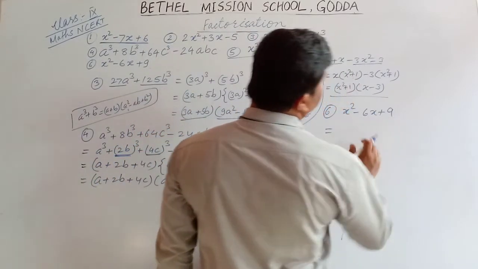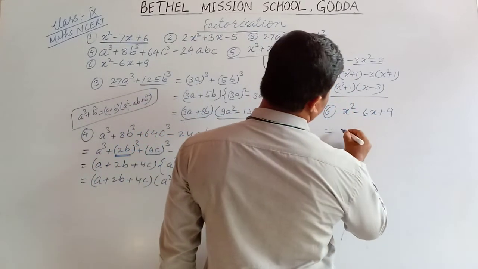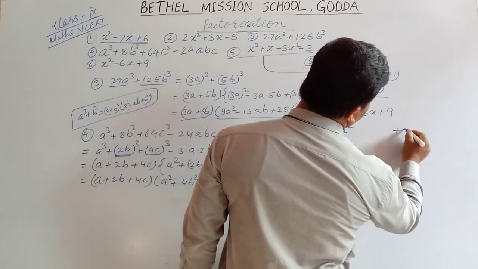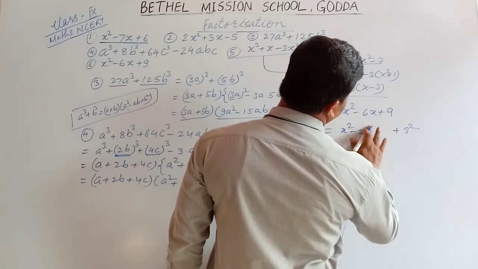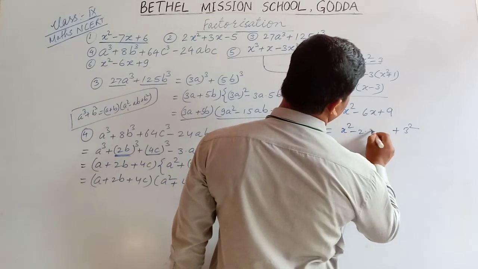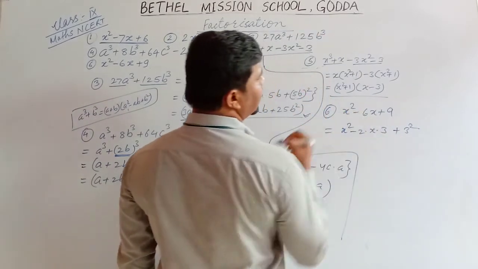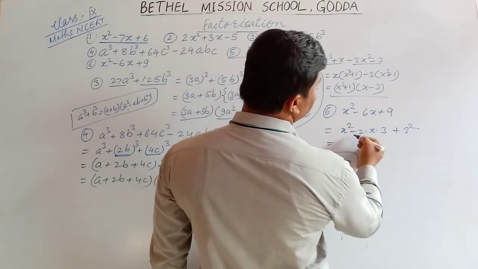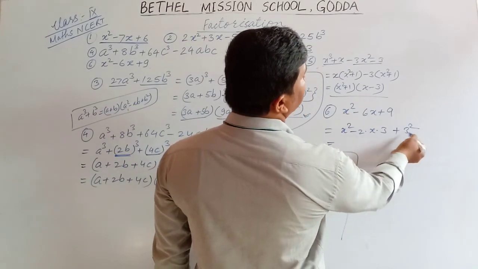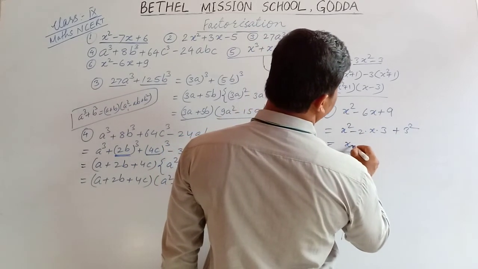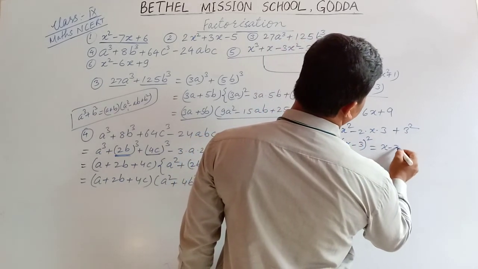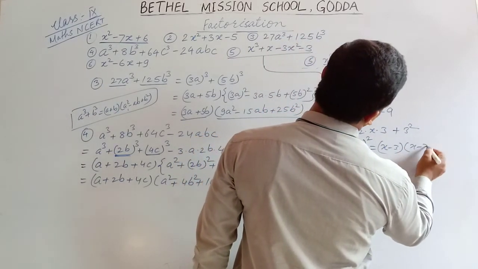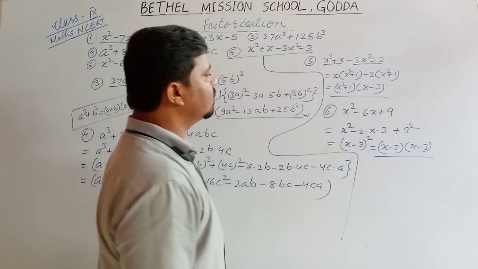But if the algebraic identity is possible, then you can apply it: x square and here 3 square, and in the middle minus 2 into x into 3. 3 2s are 6 coming, means a square minus 2ab plus b square, and that is (a minus b) whole square. So (x minus 3) whole square, and that is x minus 3 into x minus 3, in the factorization form we have written.